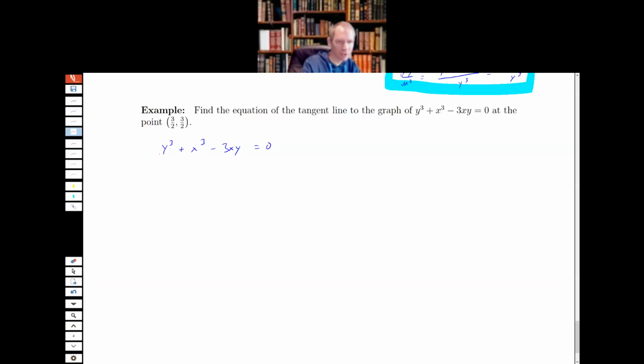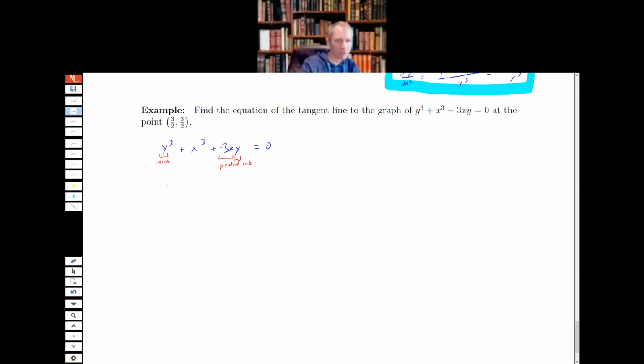And when I go to differentiate this, in the y cubed, the y is my inside function. And over here, I can think of this as plus a negative 3x times y. That's a product rule. Okay, so I'm just planning out the pieces of this as we go.